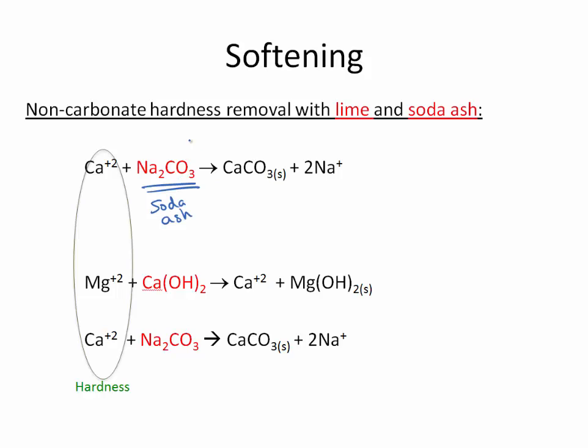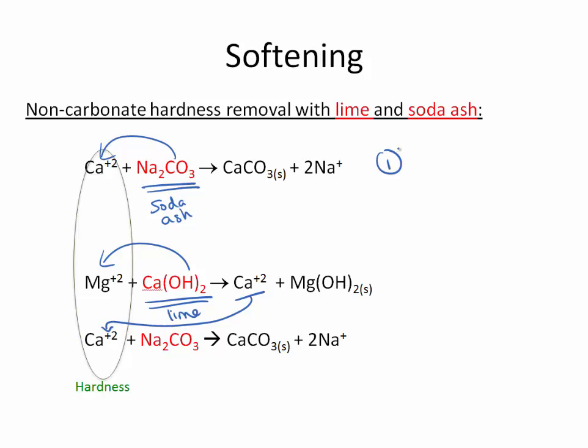The carbonate combines with the calcium to precipitate out calcium carbonate, and it produces sodium. Lime would also be added at this point. The hydroxides in the lime would react with magnesium to precipitate magnesium hydroxide, and the calcium that is released from this would react with additional soda ash to precipitate more calcium carbonate.